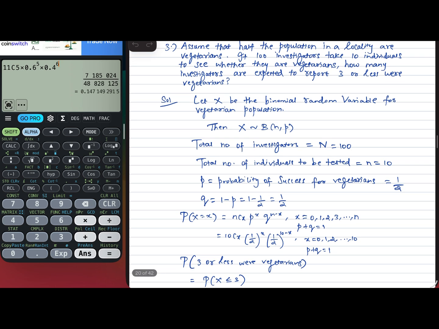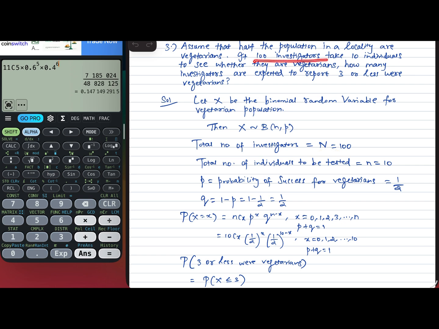Now let us define the random variable x to be the binomial random variable for the vegetarian population. Then x follows a binomial distribution with n and p, where n is the number of trials and p is the success probability. The total number of investigators is capital N, which is 100.